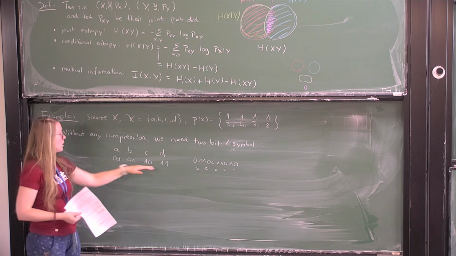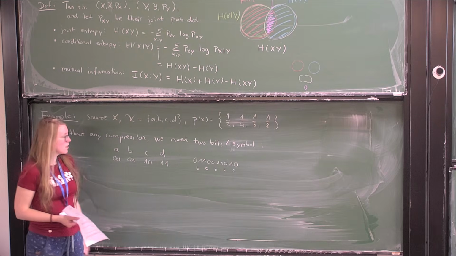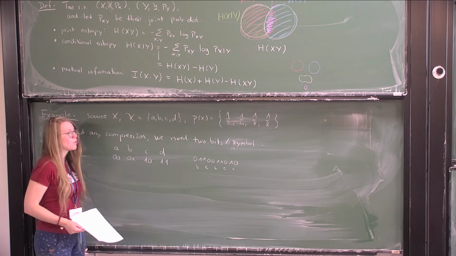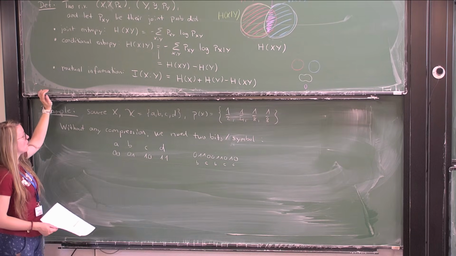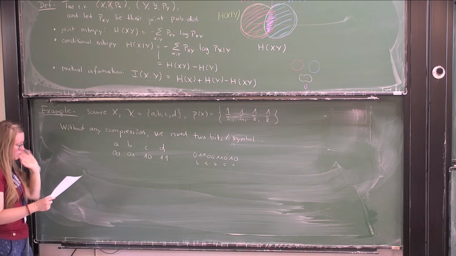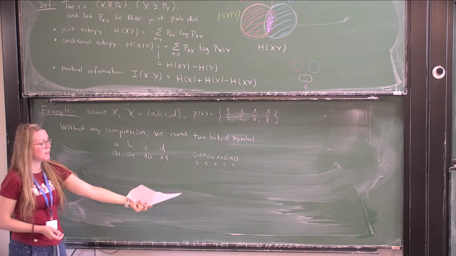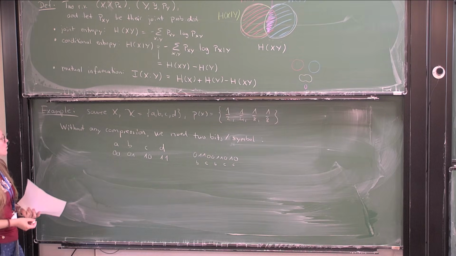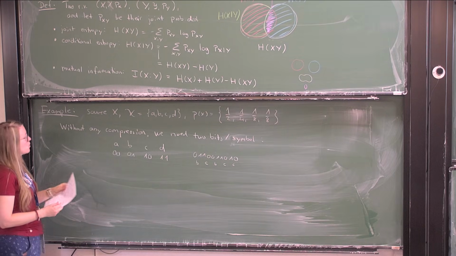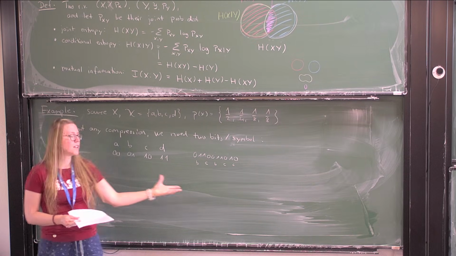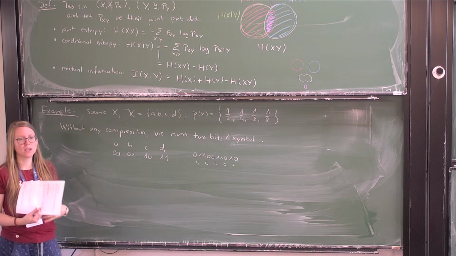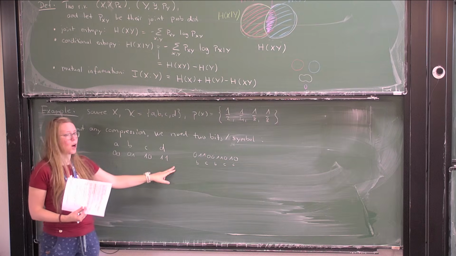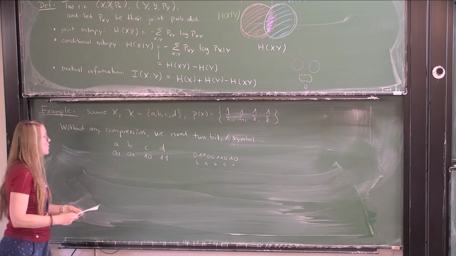Because of course, communication is costly, so the fewer bits we need to store this information, the better. And the Shannon entropy tells us how many bits we have to use to store this information. So what we can do is calculate the Shannon entropy and see if we can do better. If the Shannon entropy is 2, then this would be the optimal scheme, and we need 2 bits per symbol.